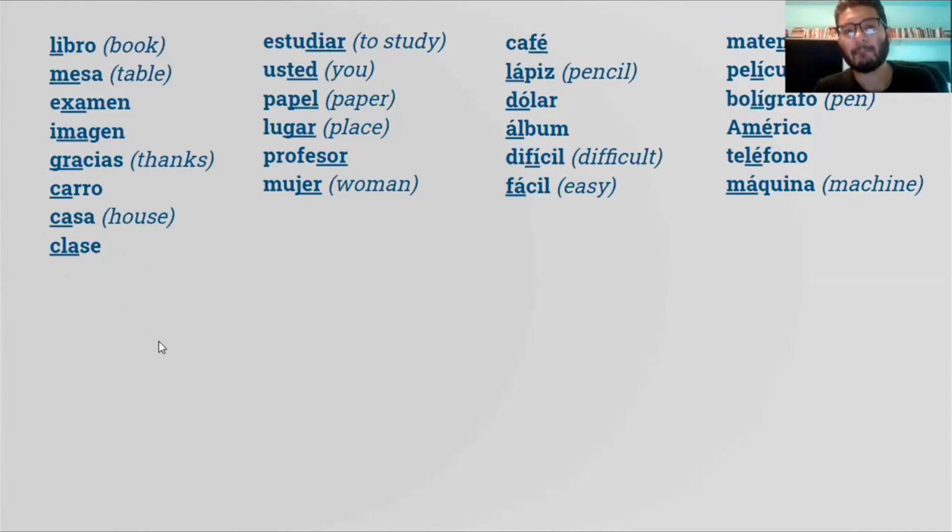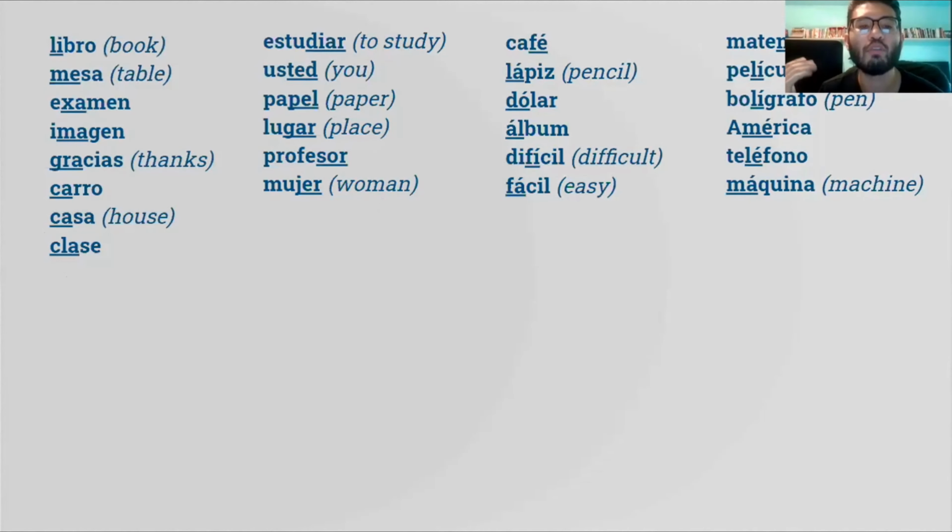The cases where the emphasis should be on the last syllable is when the word ends on a consonant other than N or S, no? Usually the consonant would be R. So verbs like estudiar, to study, have the emphasis on that last syllable. Usted, papel, lugar, profesor, mujer. No?